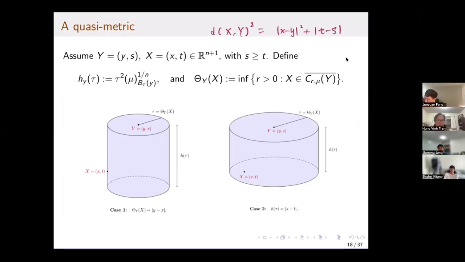For ours, we try to keep this the same, but for t minus s, we multiply by this term to the negative one over n. So rho_omega(X, Y) will be |x minus y| squared plus |t minus s| times mu to the b, this guy, to the negative one over n. If you do the calculation more carefully, we will have this form.